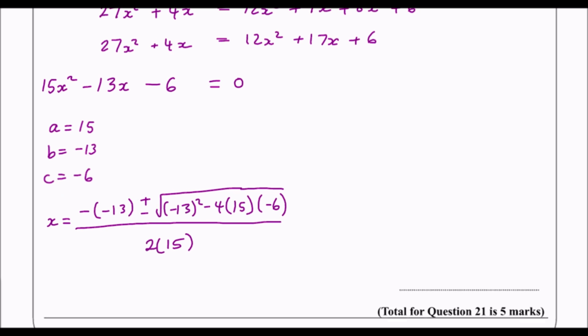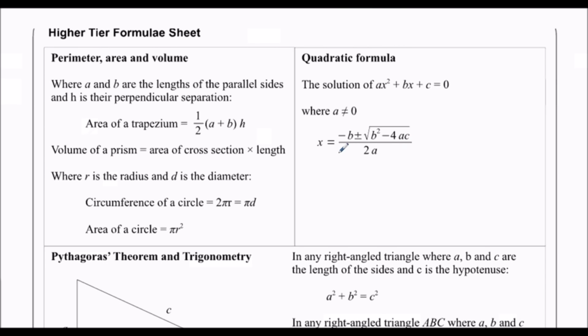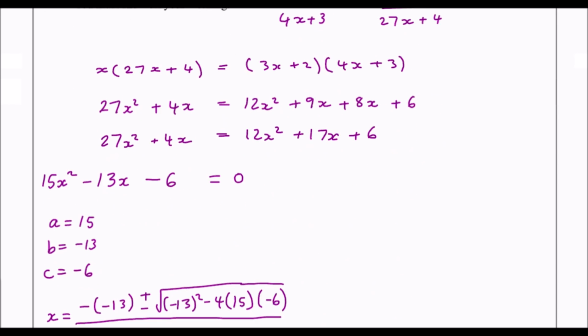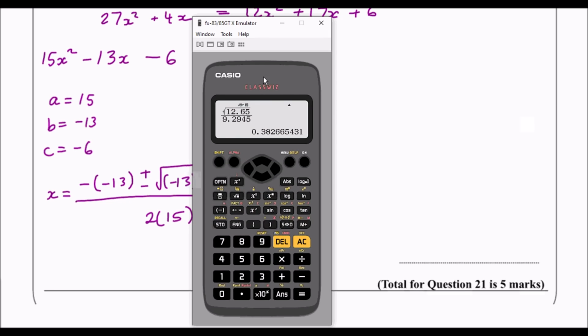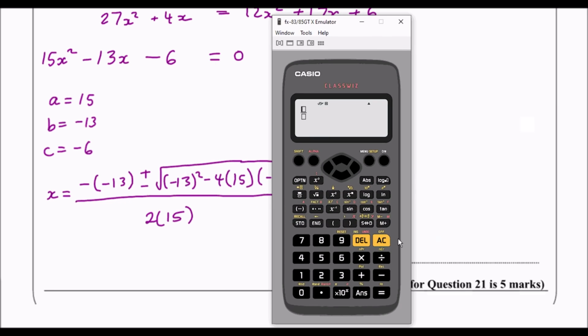So we can type this into the calculator. Let's just have a quick check on our formula page. On the formula page, we've got the quadratic formula given to us, so we don't have to remember it. We can just find a, b, and c and substitute them in. On the calculator, fraction button first, and then I'm using brackets wherever I've substituted in for a letter.